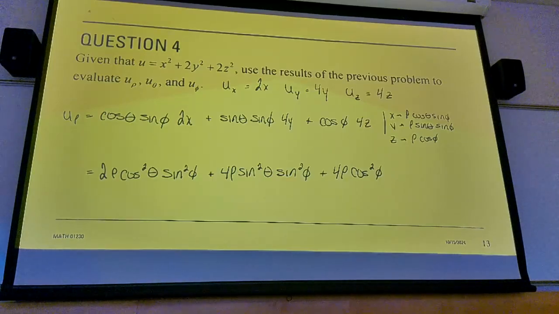Well, you can factor out a 2 rho. Is there any other simplification? For the first two terms, you can factor out a cosine squared of phi. Oh wait, never mind. There's no other simplification, which means factoring out that 2 rho serves zero purpose. So I'm not going to do it.